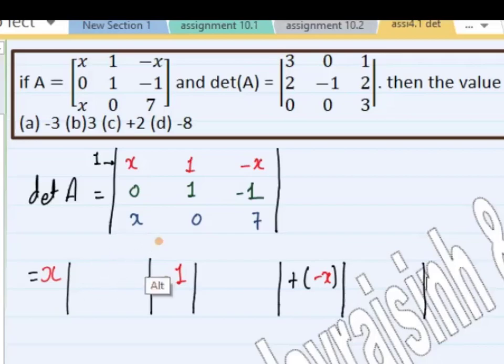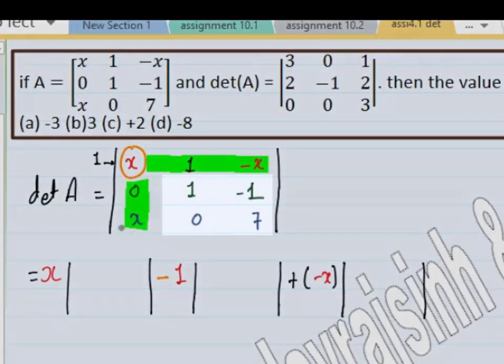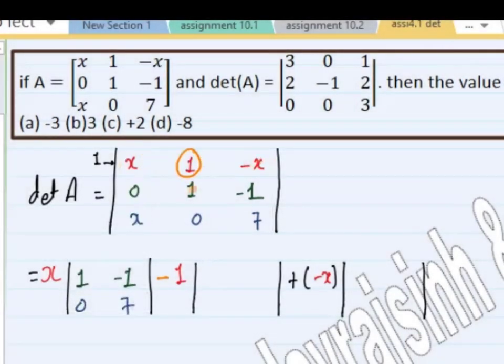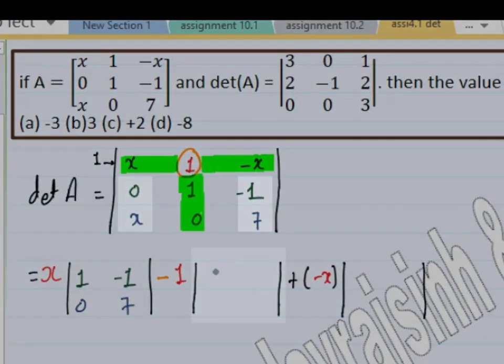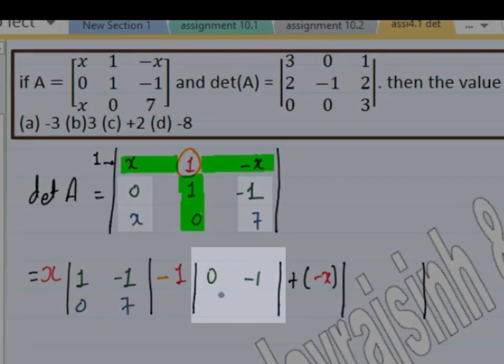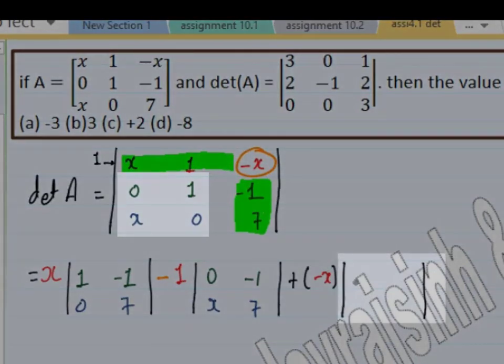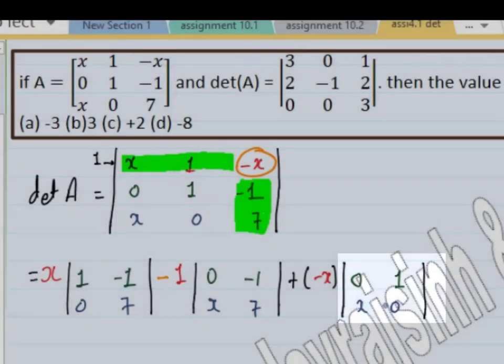The first element is x, so here we have to eliminate first row first column, which will give us 1 minus 1, 0 7. Now the next element is 1, so we will eliminate first row second column, which will give us 0 minus 1 and x 7. The last element is minus x, so we have to eliminate first row and third column, so here we'll get 0 1 and x 0, right?